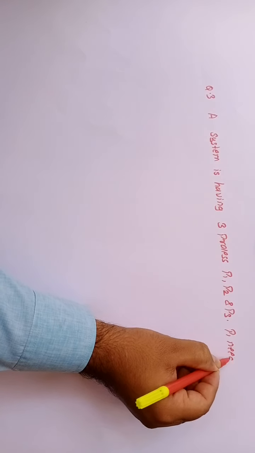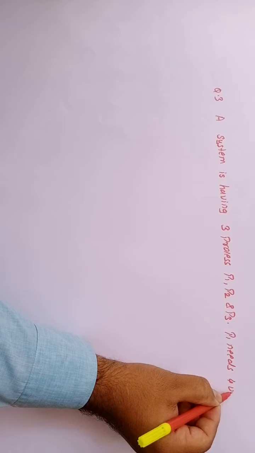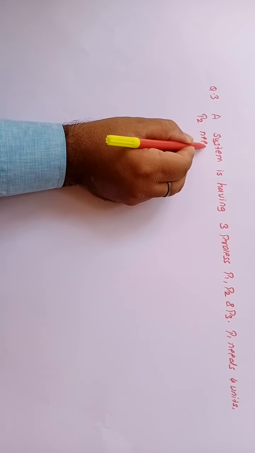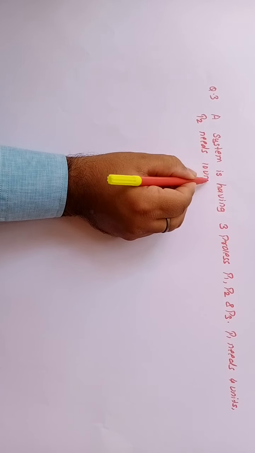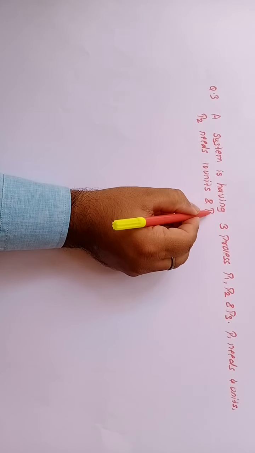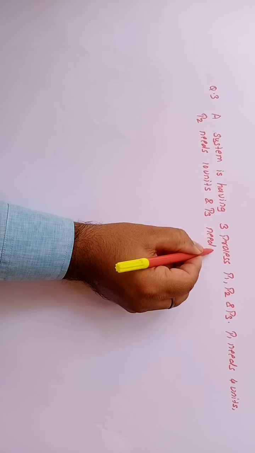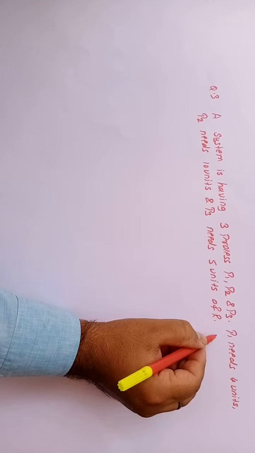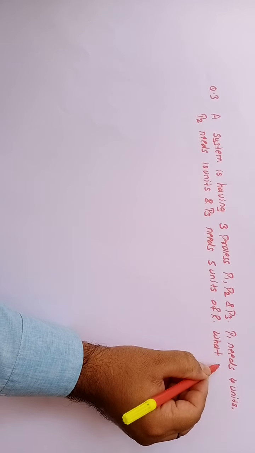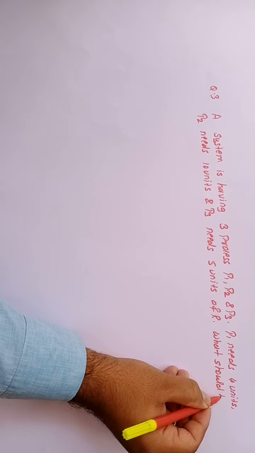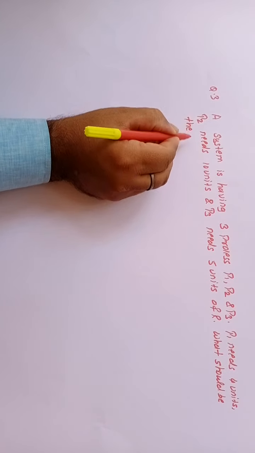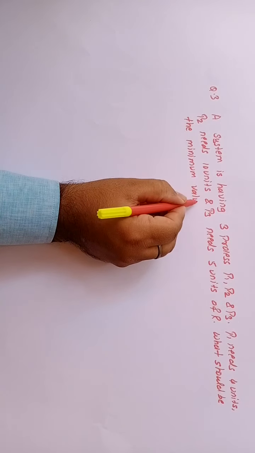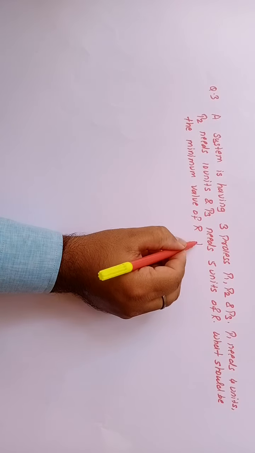P1 needs 4 units, P2 needs 10 units and P3 needs 5 units of R. So what should be the minimum value of R to avoid deadlock?